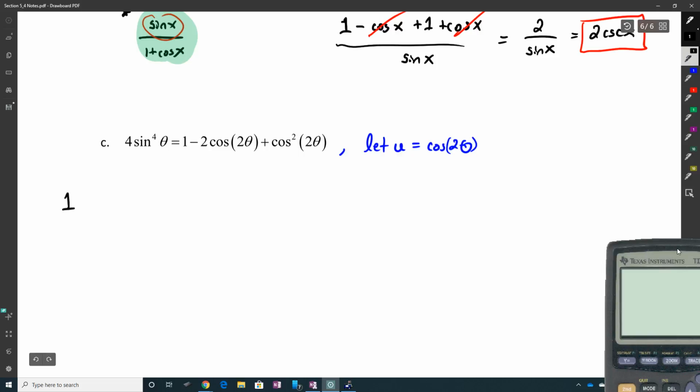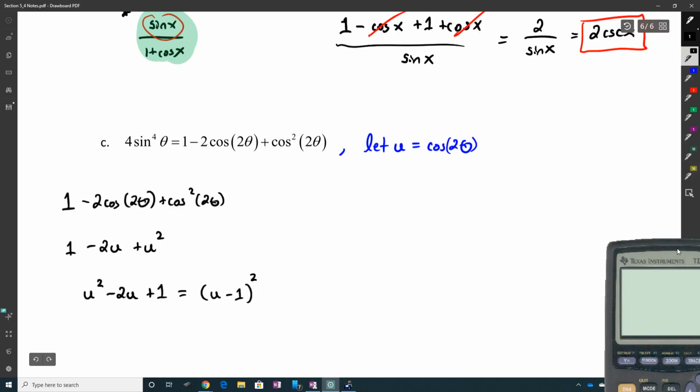So that means that 1 minus 2 cosine of 2 theta plus cosine squared of 2 theta becomes 1 minus 2u plus u squared, which is u squared minus 2u plus 1, which is u minus 1 squared. Okay?